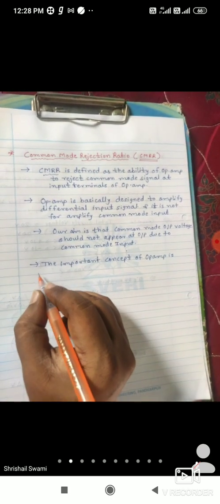That is our aim. Now, the important concept of the op amp is the common mode configuration, that we are going to understand.